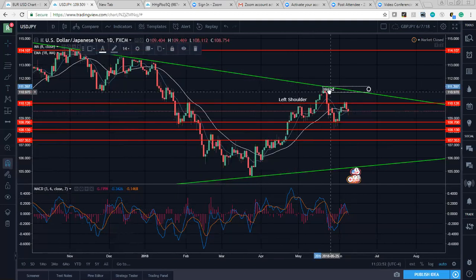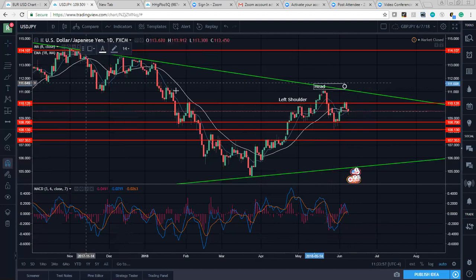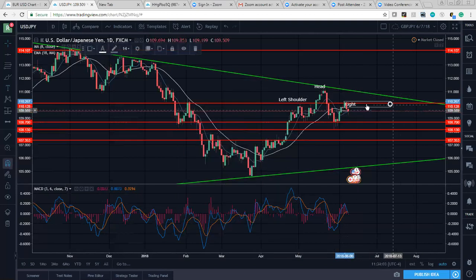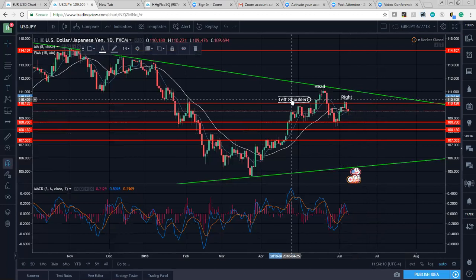Head right there. And then we have the right shoulder. Next one, right shoulder. Mm-hmm. The right shoulder right there. All right, so a head and shoulders pattern.